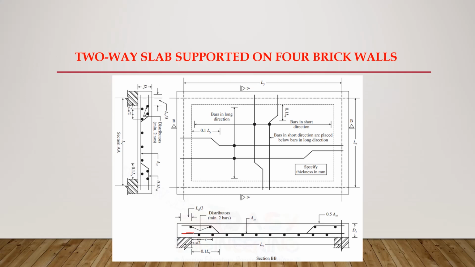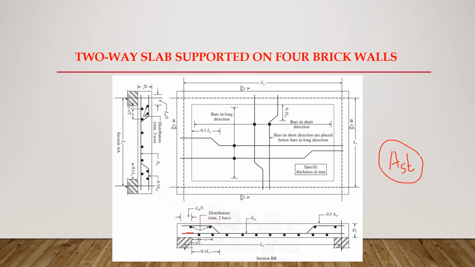If we are considering this bar, the bar in the longer direction in this section BB, suppose that the area of these bars or the area of this reinforcement in the longer direction is AST, and this AST is always per unit width because we design slab per unit width considering a beam of unit strip width. So if AST is the area of this bar, at least 50% should extend to the supports.